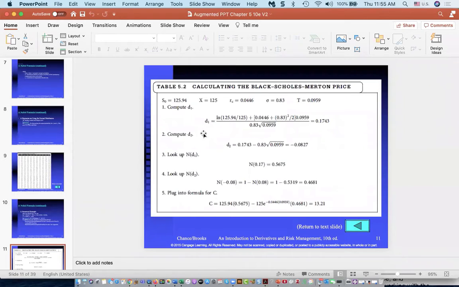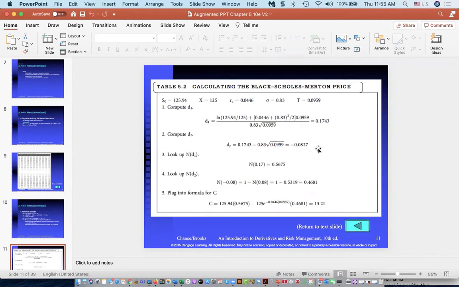Okay, so once you get this D1, it's 0.1743. Then D2 is a simpler one, because you take the 0.1743 and then subtract sigma root T. You get negative 0.0827.